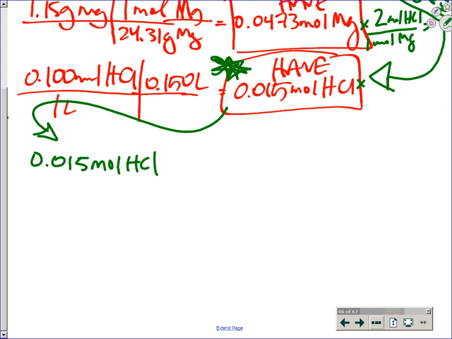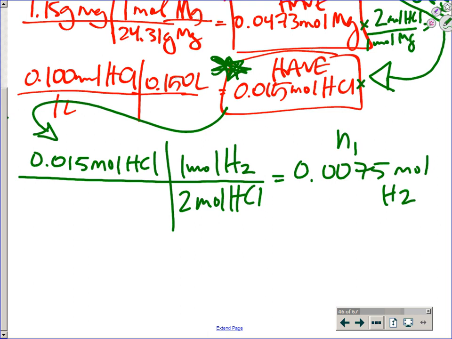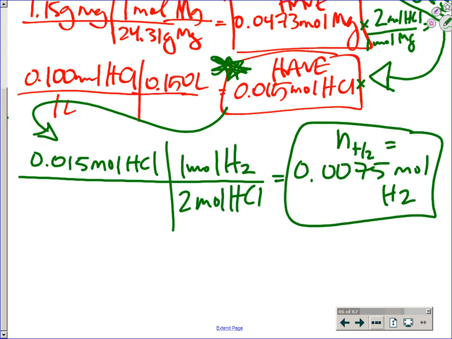So if I have 0.015 moles of HCl, what was the ratio? 2 moles of HCl for every 1 mole of hydrogen gas, and that's going to be 0.0075 moles of hydrogen gas. Hallelujah, we have an N value, and you're going to proceed from there. That's your N value. Find everything else. We kind of talked about that.